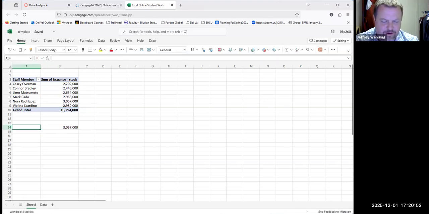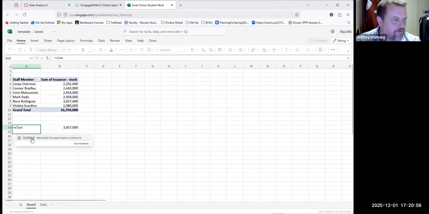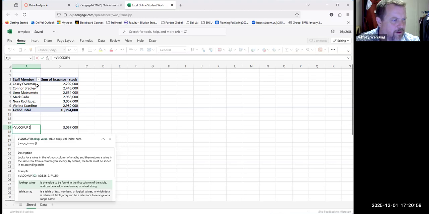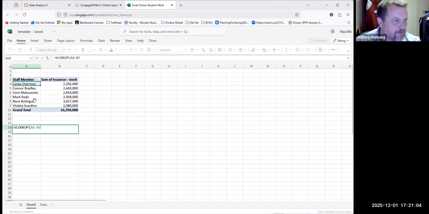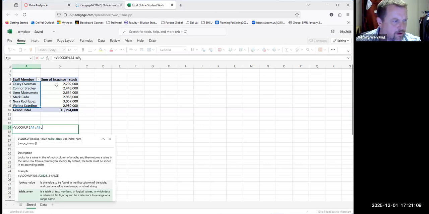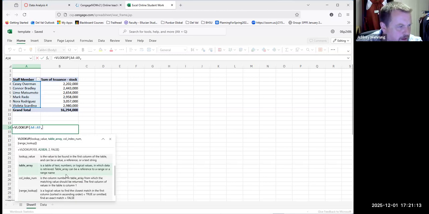Okay, and then here equals the, we're going to do VLOOKUP. Okay, see if I can remember how to do this. Okay, value to be found. Oh wait.